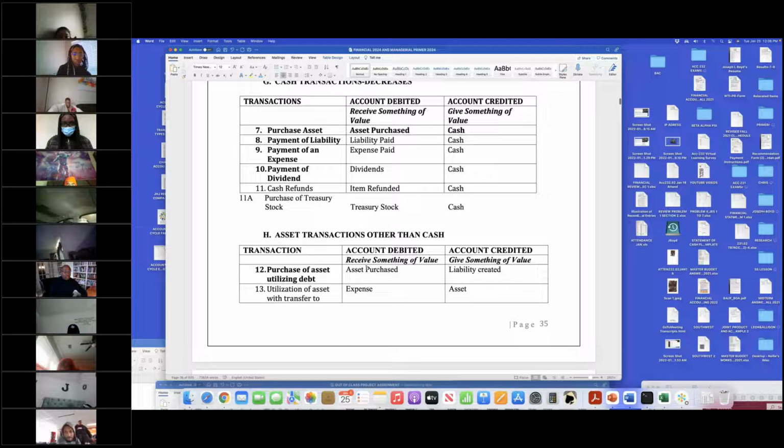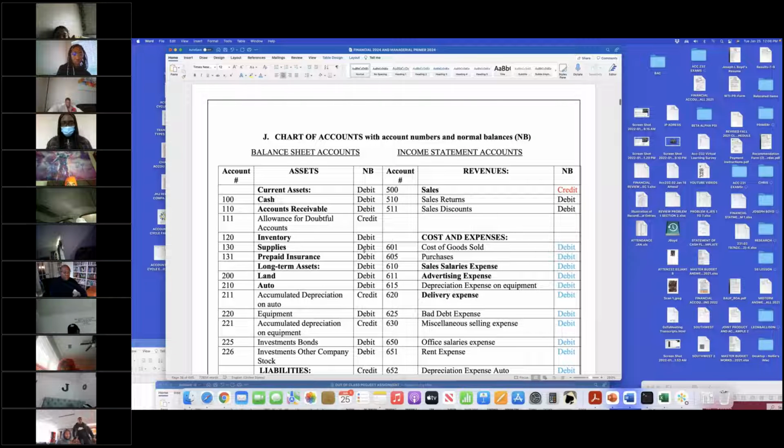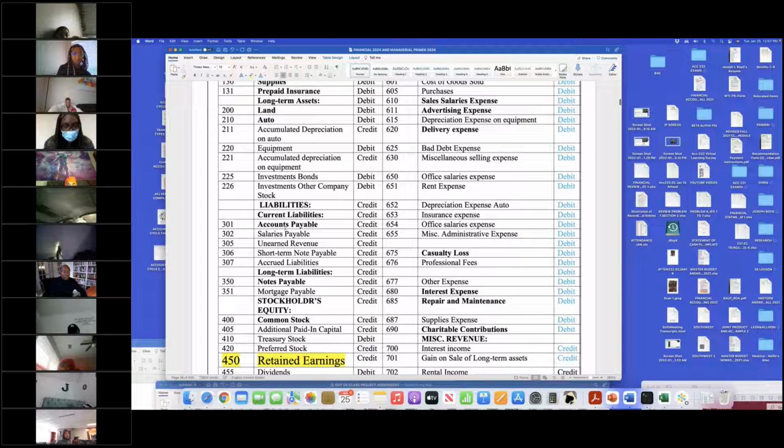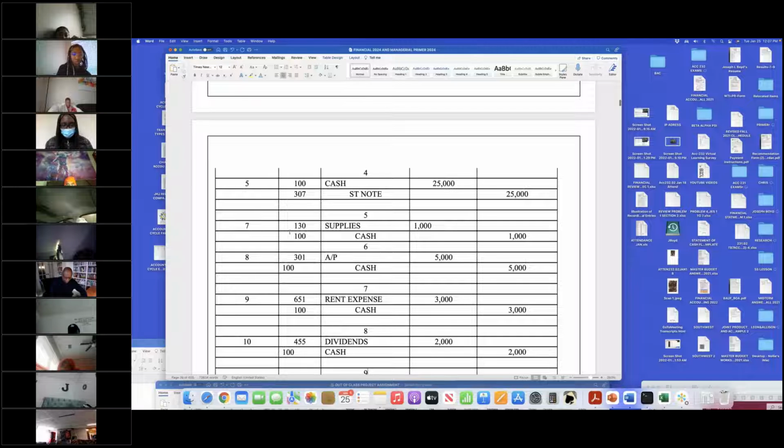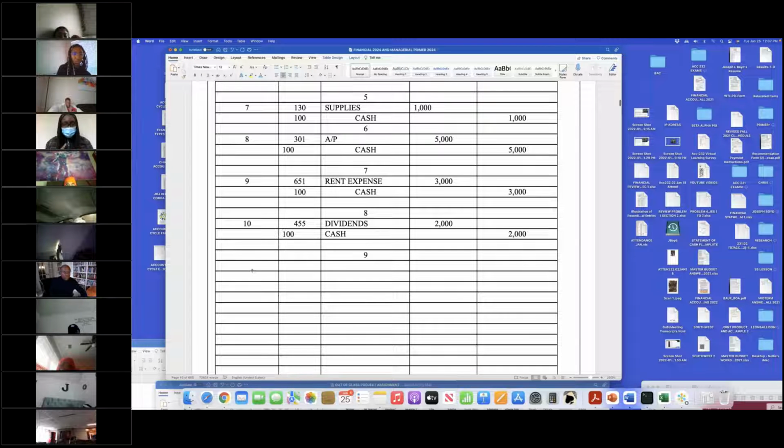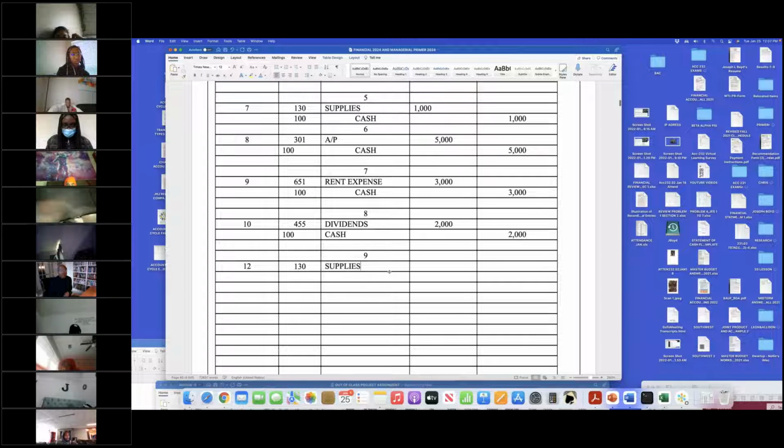So what did we purchase? Supplies again, 130, with an accounts payable, 301. So our type is 12. We're purchasing supplies. How much in supplies did we purchase? 8,000.